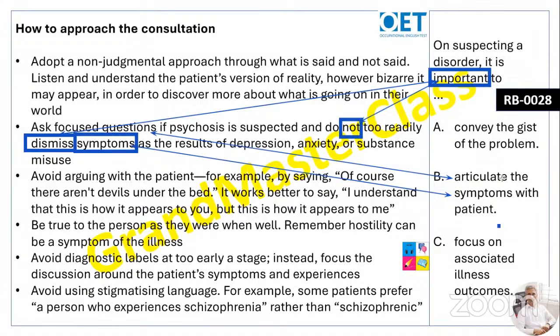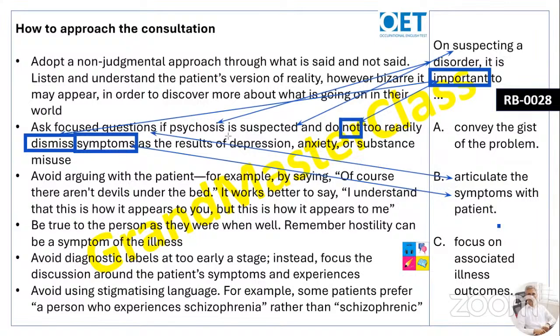Psychosis is suspected. Psychosis is a disorder. Ask questions means articulate, regarding symptoms. To whom do you have to ask? The person who has psychosis.